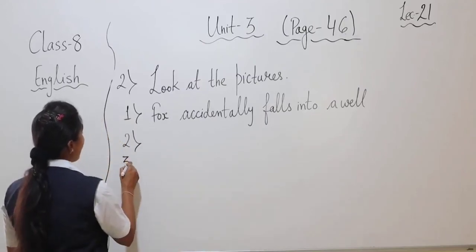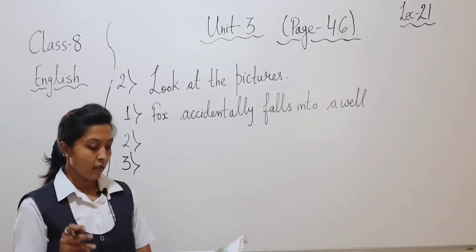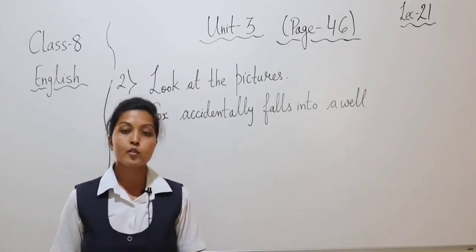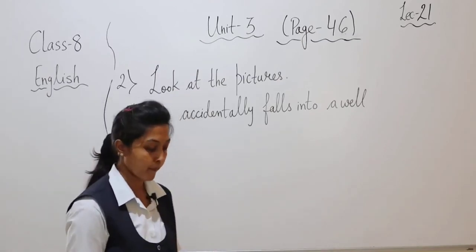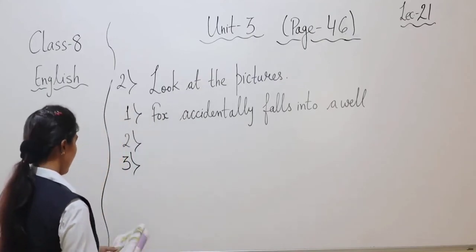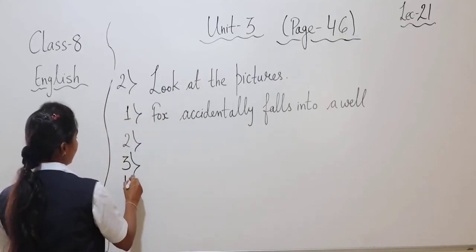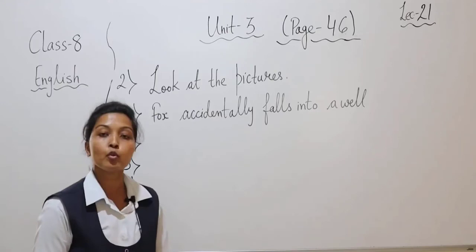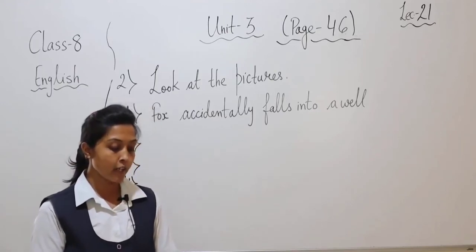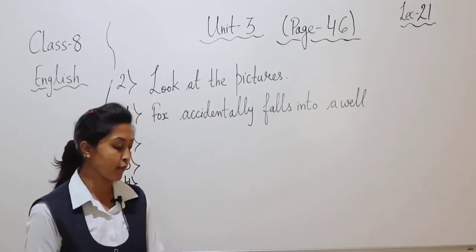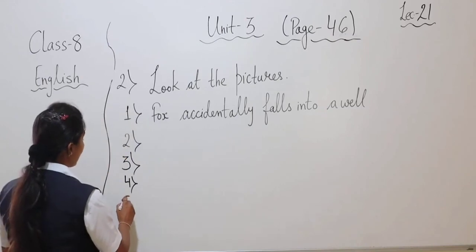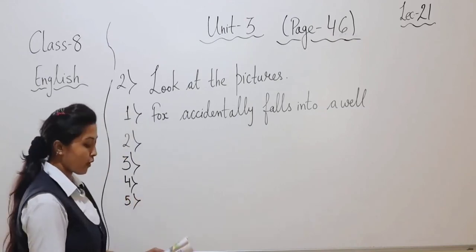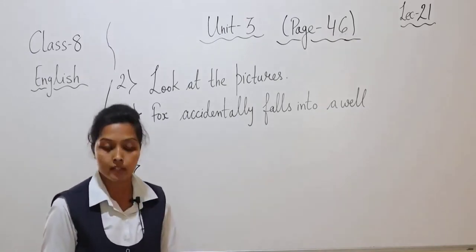Then the third one: hello, is this water sweet? Then you have to write the fourth: that's too sweet, I have had so much, I might faint. Then after the fifth point you write: let me test it.